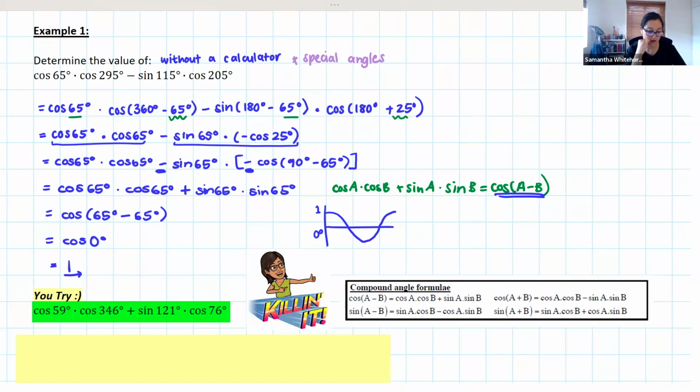Okay, so remember, leave your acute angles to start off with. Start by applying your reduction formulae, and then you can go back and apply co-ratios if you need to manipulate it to match up with one of your compound angle formulae.